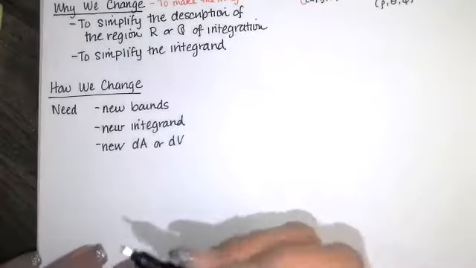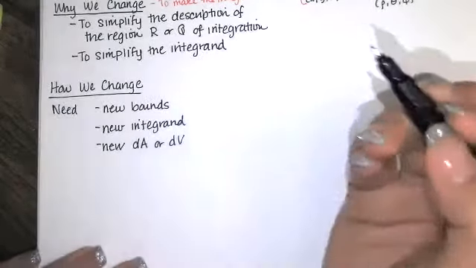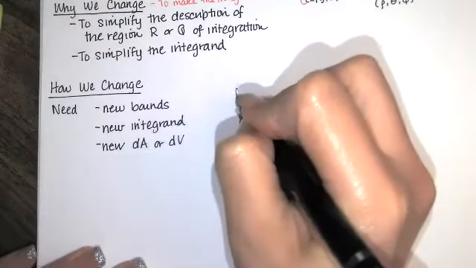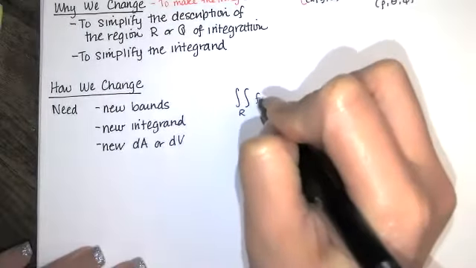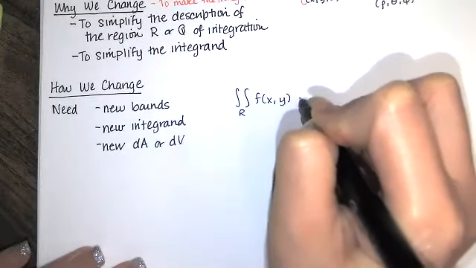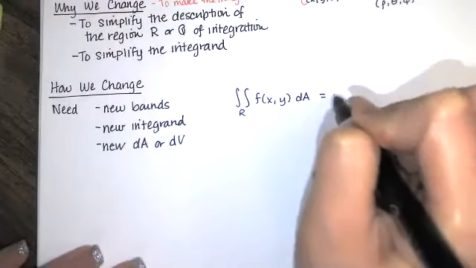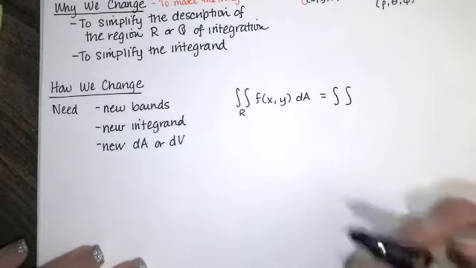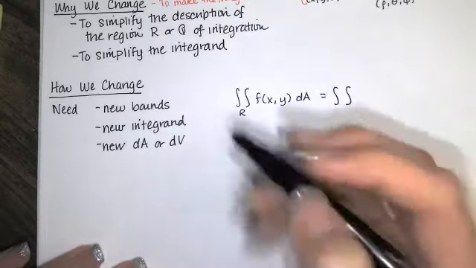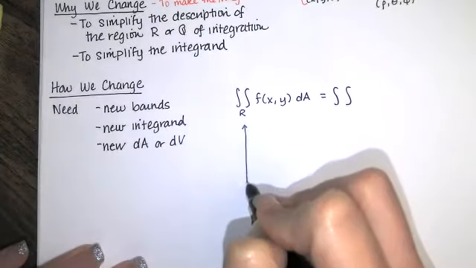So let's just look at double integrals first. Most of the problems in this section deal with double integrals. So let's say you've got the double integral over R of f of x, y, dA. So you've got some region over here in the XY plane.